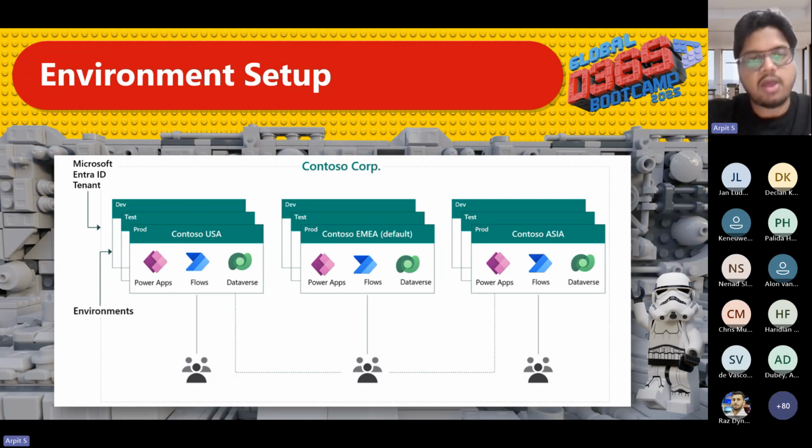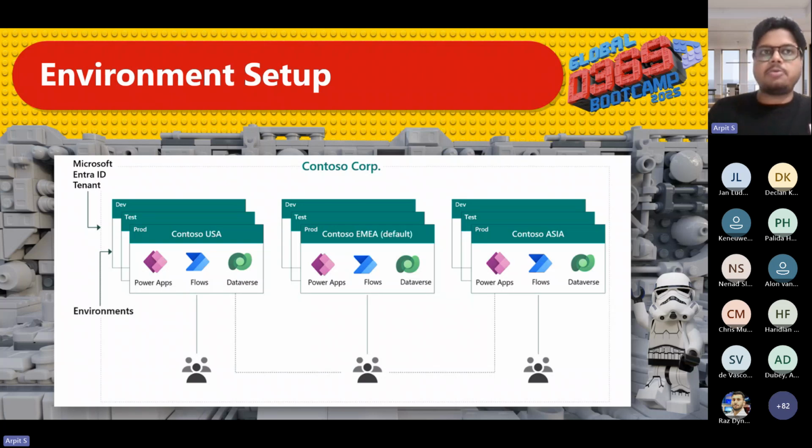For example, you have three environments: dev, test, and prod. And for each environment, you have three security groups in Active Directory called security group dev, security group test, and security group prod. If you want to get access to the dev environment, you need to be added to security group dev. And similarly, for access to test, you need to be in security group test. So this is the way.